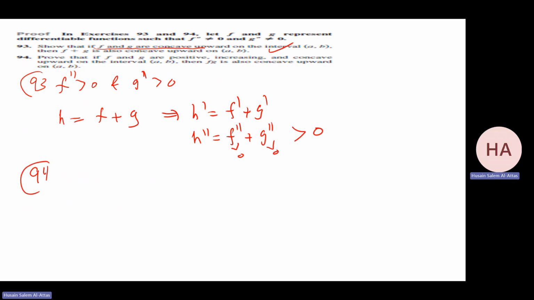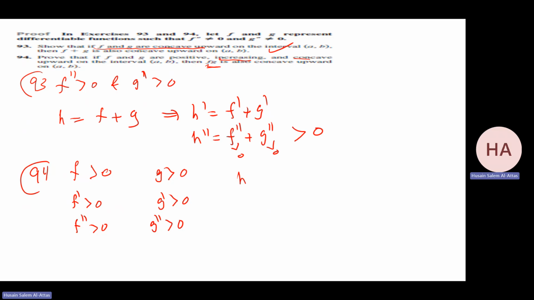94. Actually, we want to show, so it should be all correct. It says f positive and g positive, f increasing, that means f prime positive and g prime positive. Concave up means f double prime positive and g double prime positive. What they want is to show that the product is also concave up.